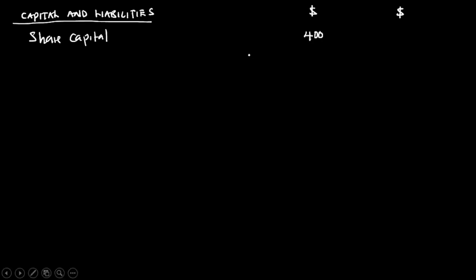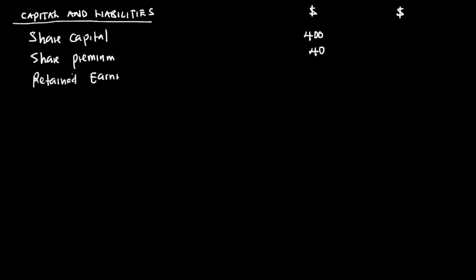Then share premium, also for the parent. Then the retained earnings, W6, we've already done the working. Non-controlling interest equally, we already have the working as NCI, working 5.